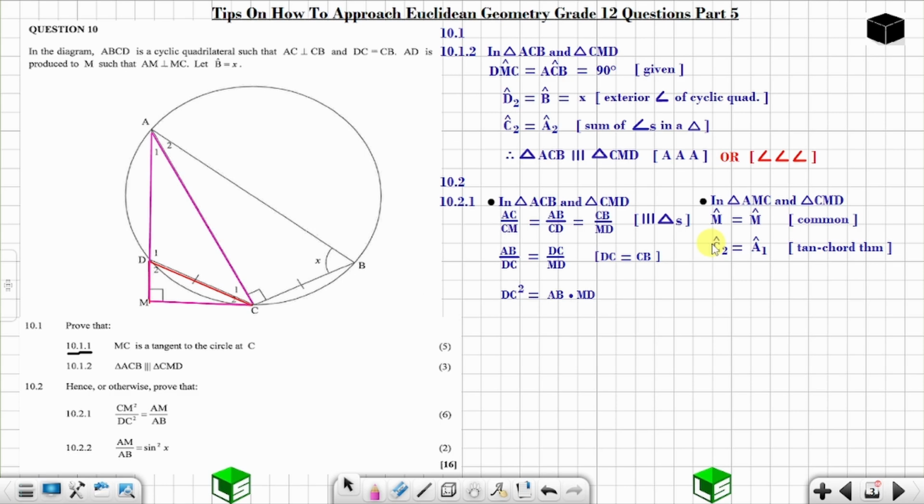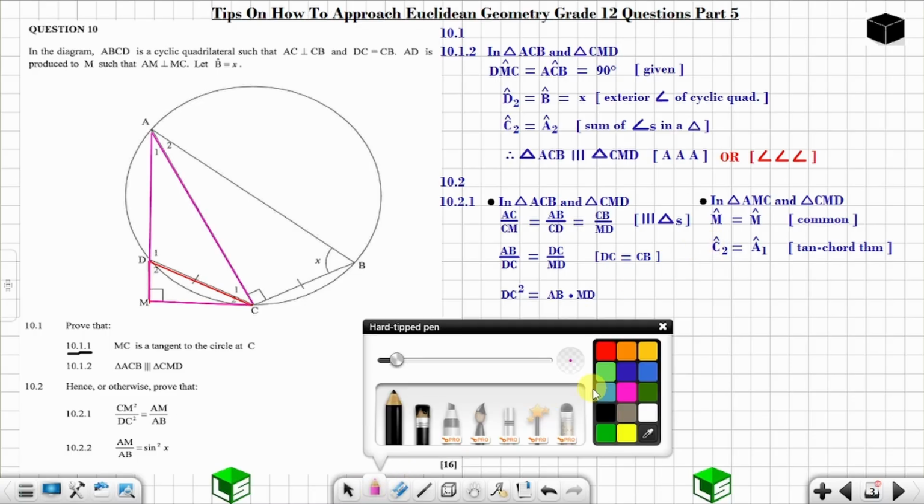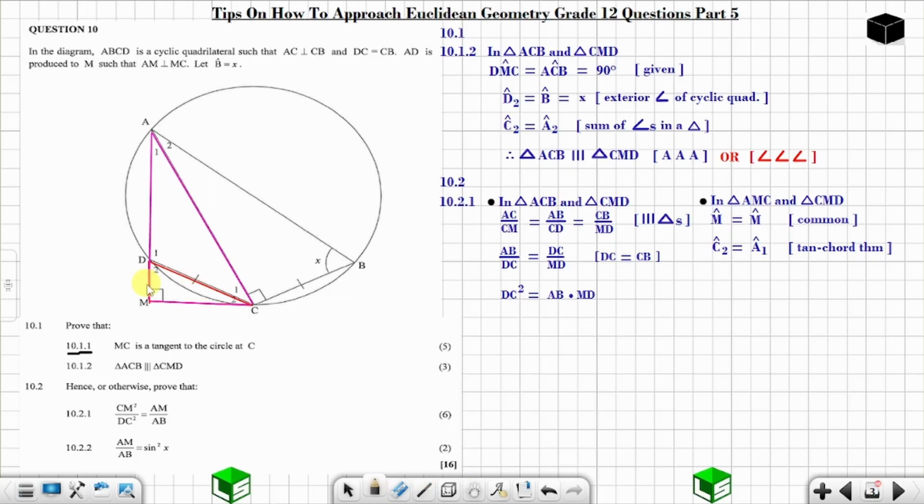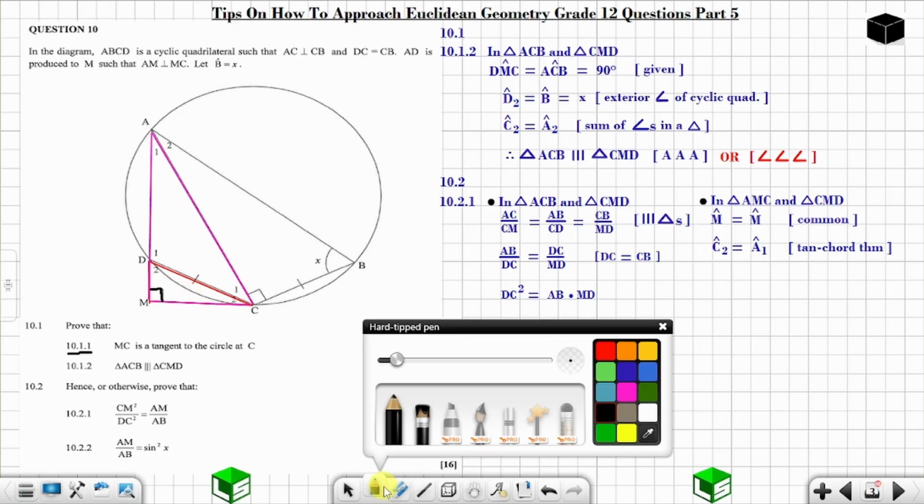Automatically, the third angle in one triangle is equal to the third angle in the other.